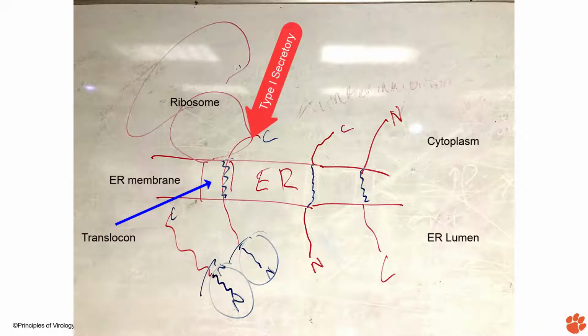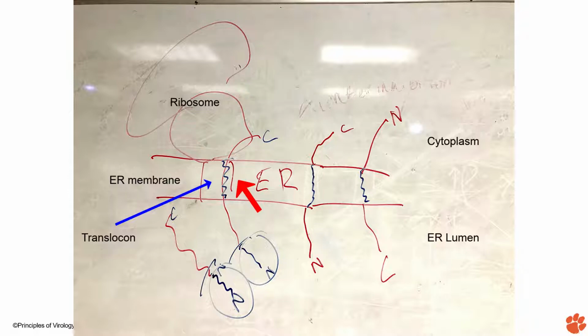Now, if it is a protein with the N-terminal right here, and this is C, and the N-terminal of the protein is in the lumen, you also have a signal sequence. But in addition to that, you must have a signal for membrane retention, which is somewhere here.